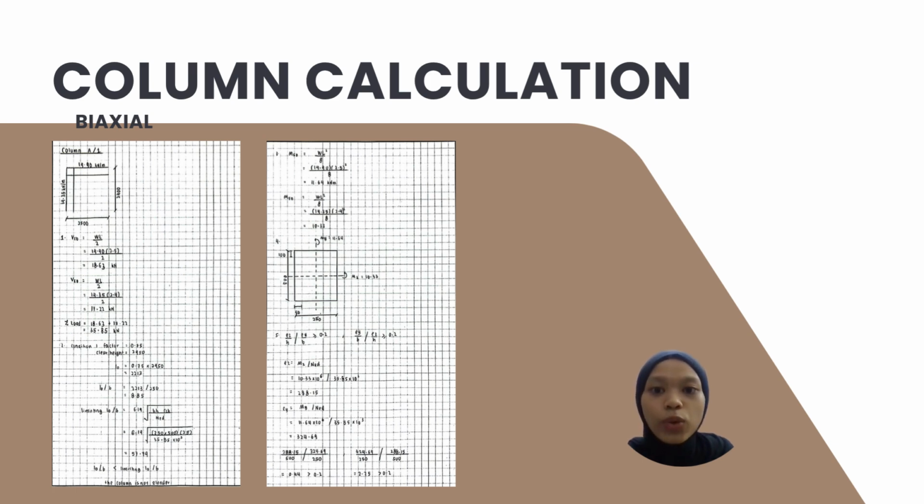To calculate EZ, we use the formula MZ over NED, and we got 288.15. And to calculate EY, we use the formula MY over NED, and we got 324.69. Finally, we got EZ per H over EY per B is 0.44, which is more than 0.2, and EY per B over EZ per H is 2.25, which is also more than 0.2.